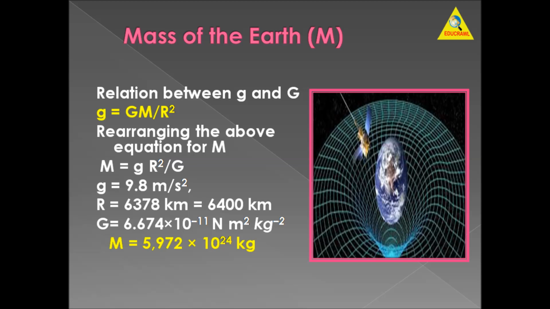The value of gravitational constant, what we know, is 6.674 into 10 power minus 11 Newton meter square kilogram power minus 2. Finally, when you substitute all these values and do some mathematical calculations, we get the value of M as 5.972 into 10 to the power 24 kilogram as the mass of the earth.